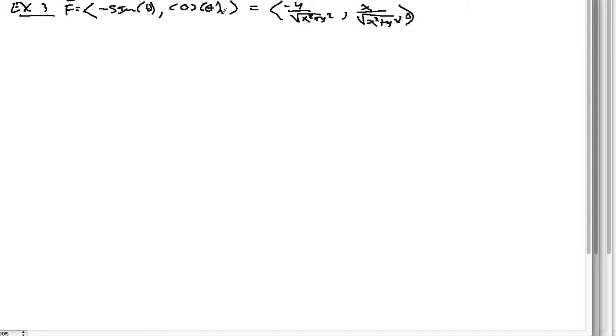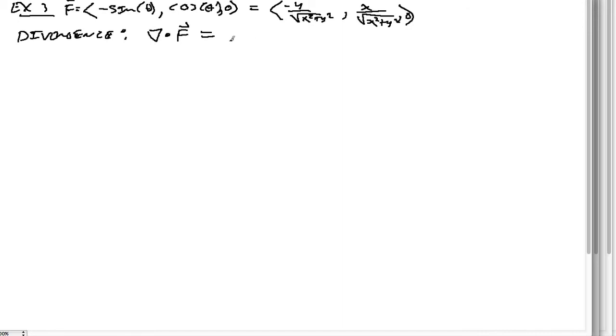We need to put a comma 0 there because we're in 3D. Now we just have to compute the divergence. So is this fluid compressible, or incompressible, or something like that? Let's compute that.